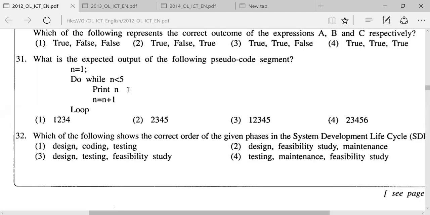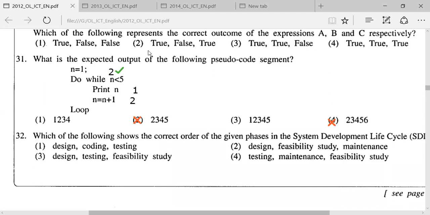So print n, it will be 1. Depending on that answer, you can remove this one and this one. Then n equal n plus 1, that is 2. 2 less than 5, that is true.